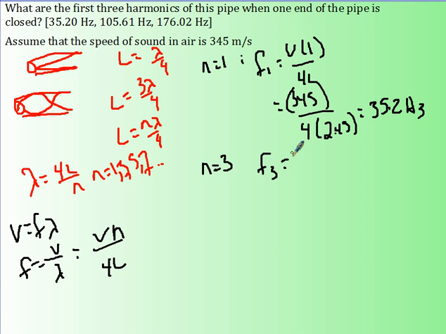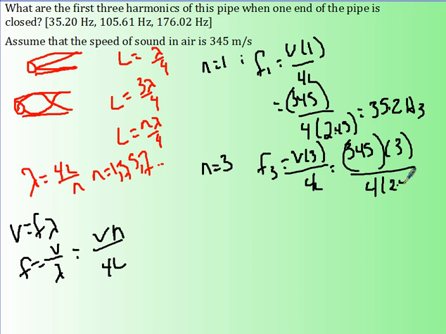For N equals 3, F3 is V times 3 divided by 4L. So when you plug everything in, it's 345 times 3 divided by 4 times 2.45. And yes, you can do shortcuts here. This is fine. So this is 105.61 hertz.